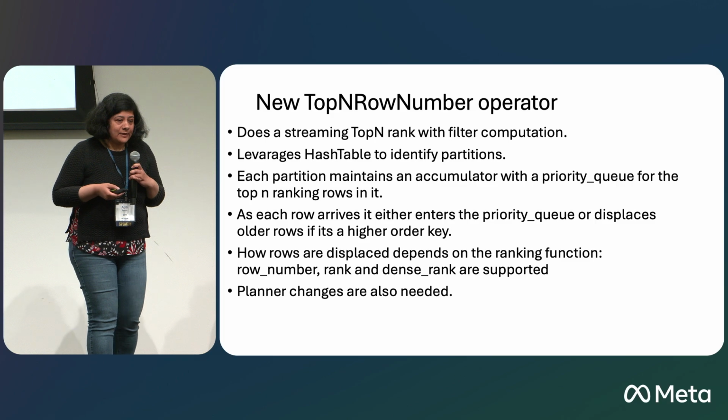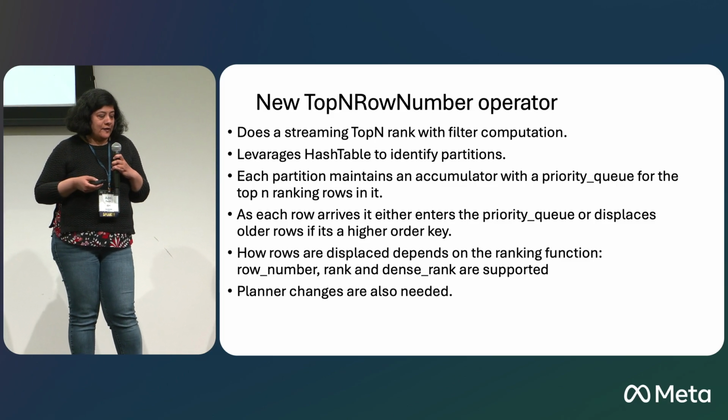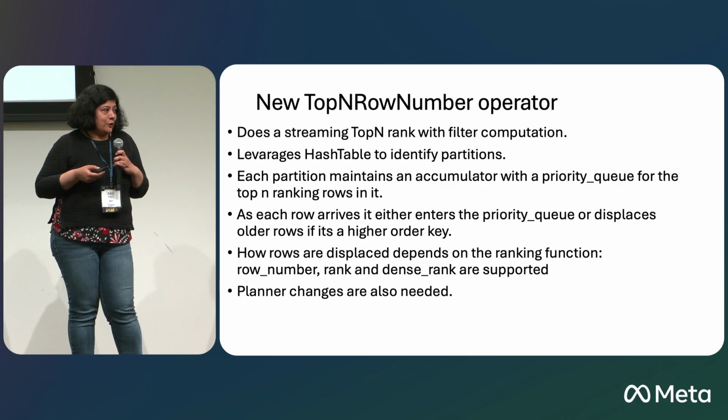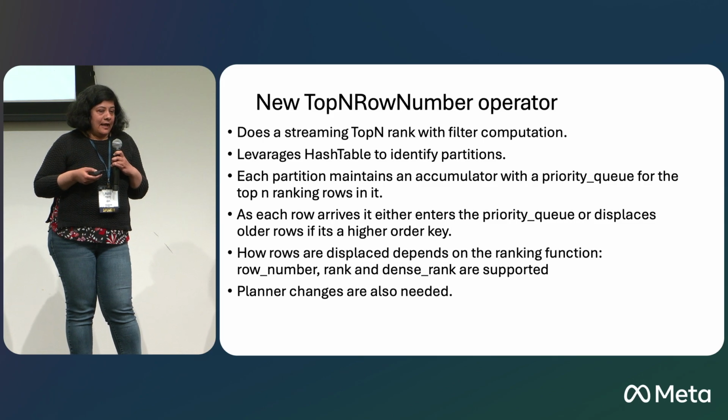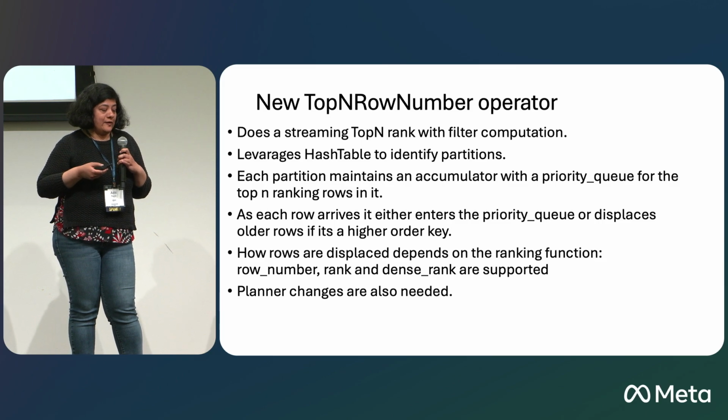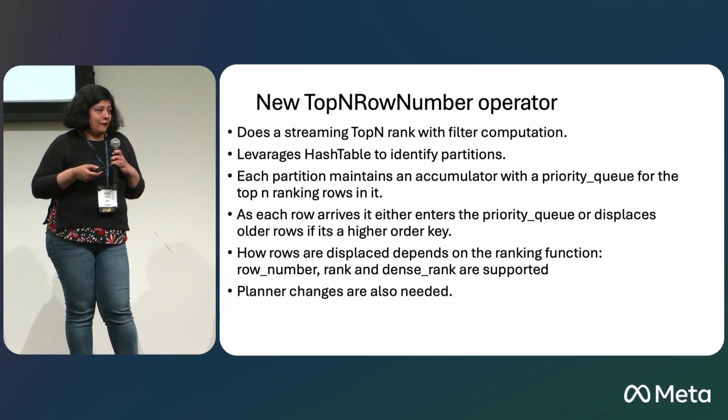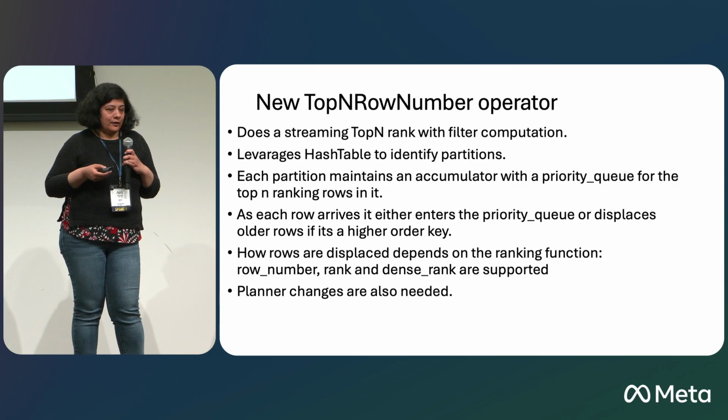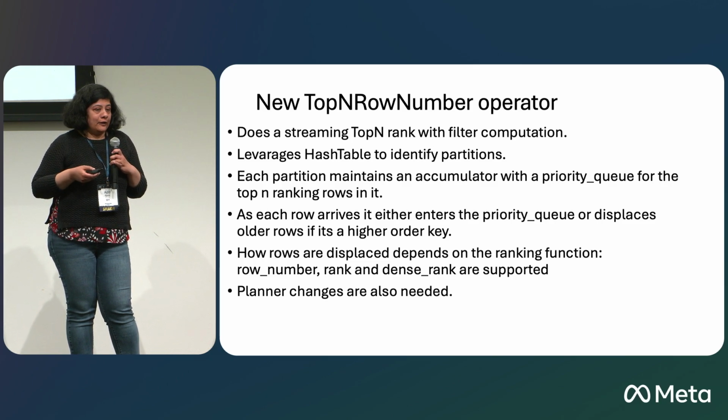How we did this is that we wrote a new top-n row number, top-n rank operator, which does a streaming top-n rank computation. It uses a hash table to identify the partitions using the partition key. Then for each partition group, we maintain an accumulator with a priority queue for just the top 100 ranked rows.